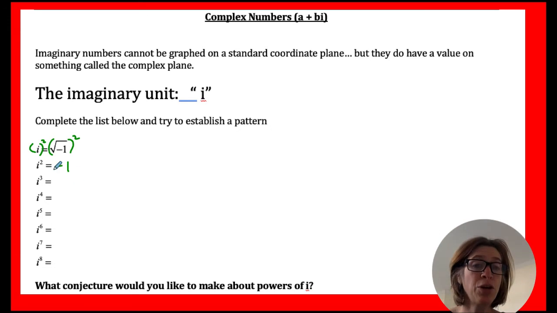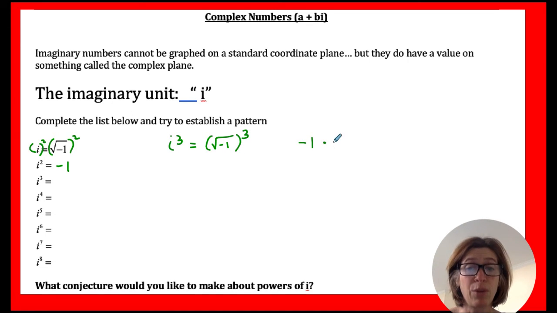All right, now if we cubed i, we get i squared, which is -1, times the square root of -1, which is i. So that would give me -i.